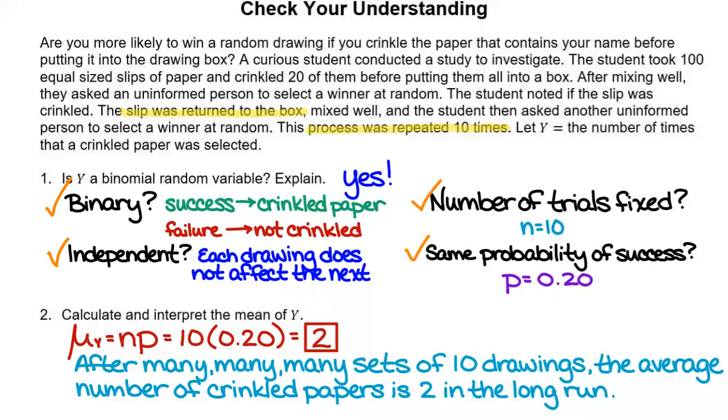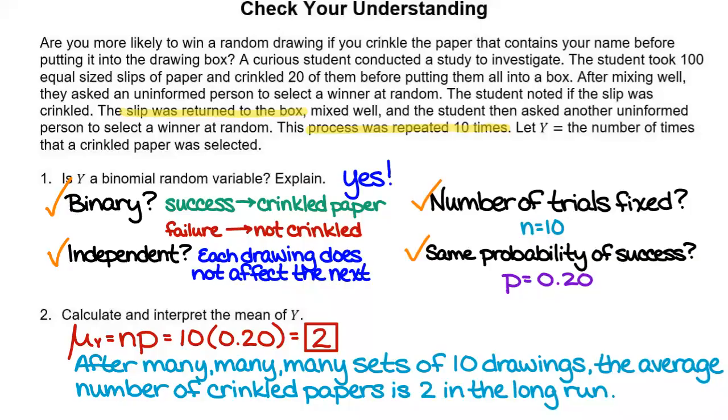How do we calculate the standard deviation? Let's use that formula. What's the formula? Square root of n times p times 1 minus p. N is 10, p is 0.20. What is 1 minus 0.20? 0.80.